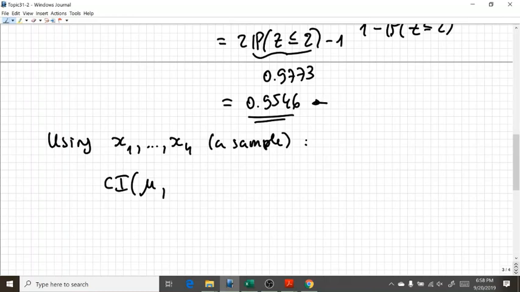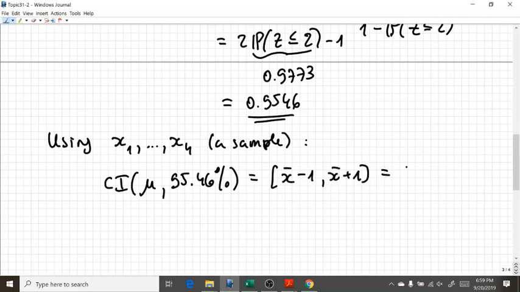Well, this is the confidence level we just calculated, 95.46%, and it would simply be x bar minus 1, x bar plus 1, or we can rewrite it like this, x bar plus minus 1. That's a common notation for confidence intervals.